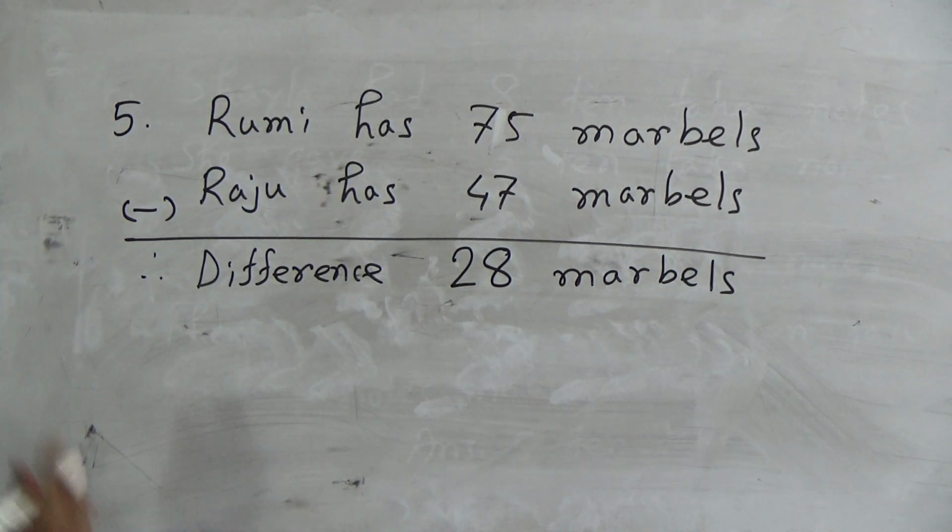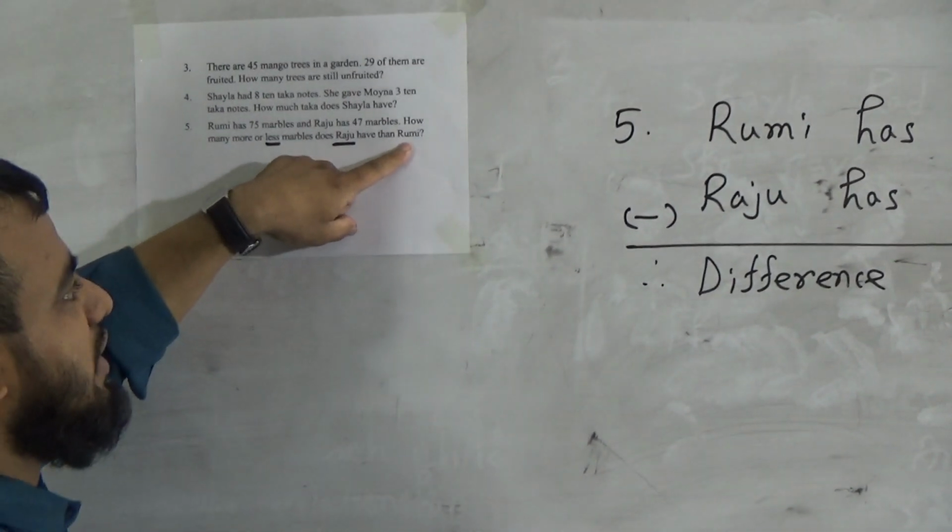So this is a word problem. We should write down the words from the question. The question says, how many more or less marbles does Raju have than Rumi?